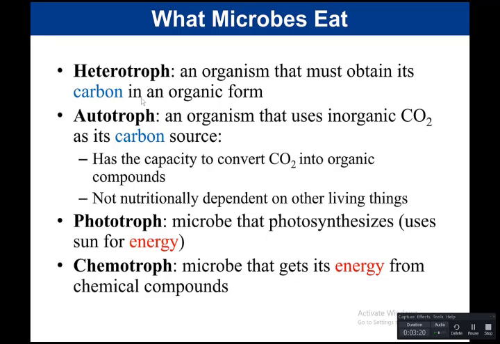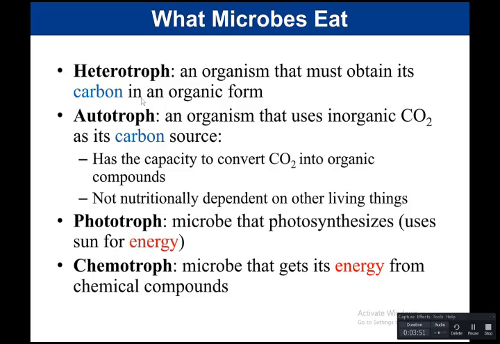So a heterotroph is an organism that must obtain carbon in an organic form. And you might recall that organic molecules contain carbon and hydrogen. So a heterotroph, for example, will take in carbon as sugars, so carbohydrates, proteins, nucleic acids, etc. They have to take in carbon in an organic form.